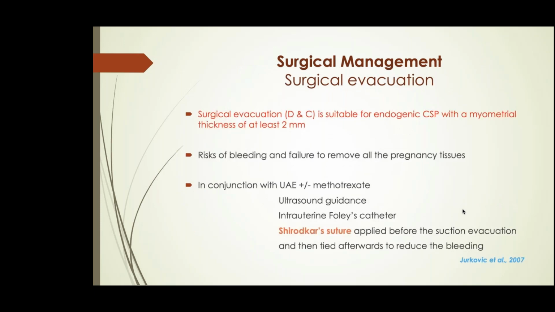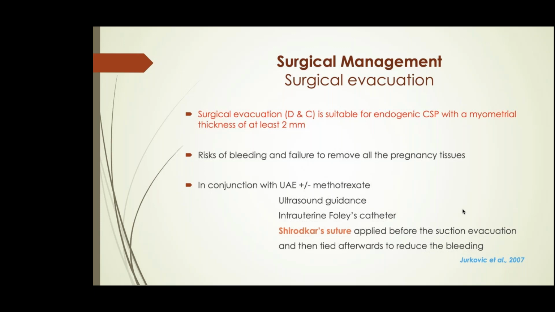Now the surgical management. The surgical evacuation, mainly D&C, is suitable for endogenic scar pregnancy with a myometrial thickness of at least 2 millimeters above the sac. So you can do dilatation and curettage or suction. Suction would be better, of course.